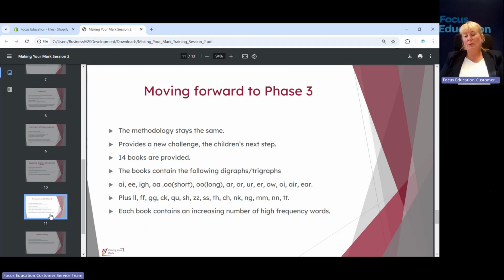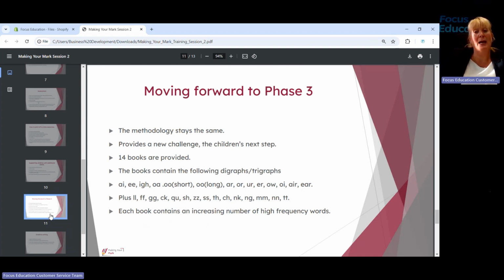We're hoping by the time we've got into phase 3 that they've definitely got the basics, but this really solidifies all of those skills that you've worked so hard to embed. And we found that using the books, certainly with our year 1 children, it's really helped them to get a more confident approach to sound talking and blending and recognising those digraphs and trigraphs.